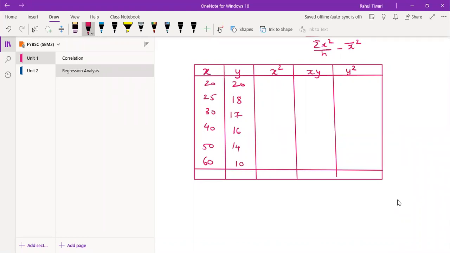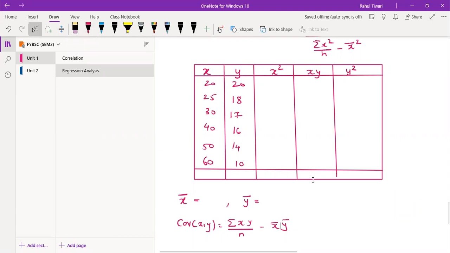So what could be x bar? Calculate x bar, find out y bar, and then find out covariance: summation xy upon n minus x bar y bar.